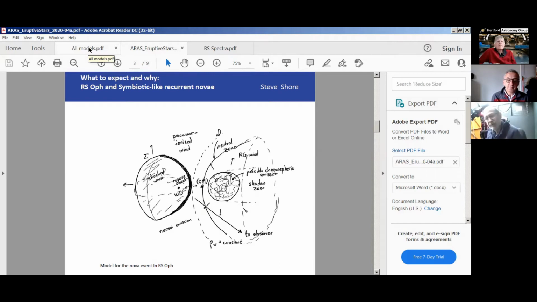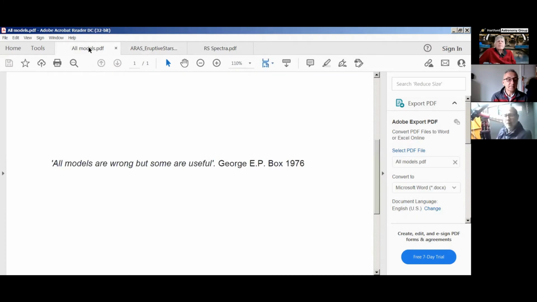But a word about models is this: all models are wrong, but some are useful. George E.P. Box, 1976. He was a British statistician.